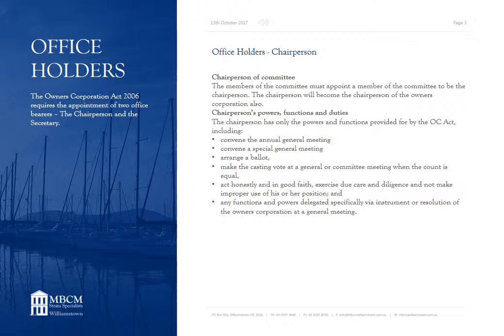They must also act honestly and in good faith and exercise due care and diligence and not make any improper use of their position. Any functions and powers delegated specifically via an instrument or resolution of the Owners Corporation at a general meeting are also the functions and powers of the chairperson.